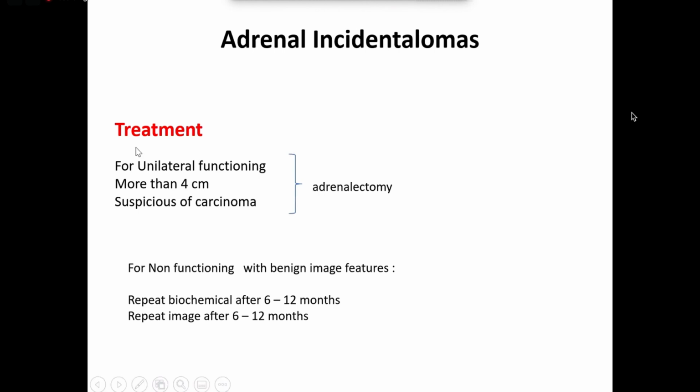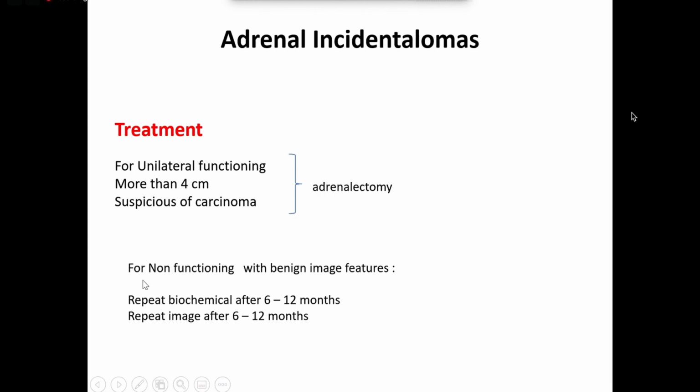So treatment for adrenal incidentaloma: if it's functioning, or the size of the nodule is more than a centimeter, or suspicious for carcinoma, usually we need to do surgery, adrenalectomy.